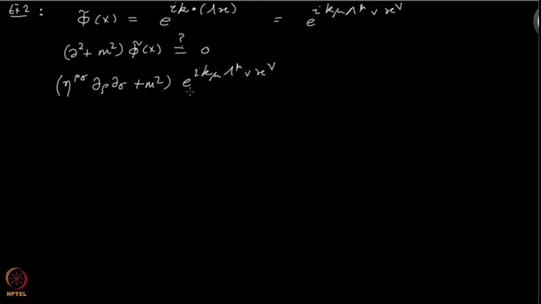Now let us look at this. When this derivative acts on here, you get eta rho sigma, and then, let me just write and then I can explain.